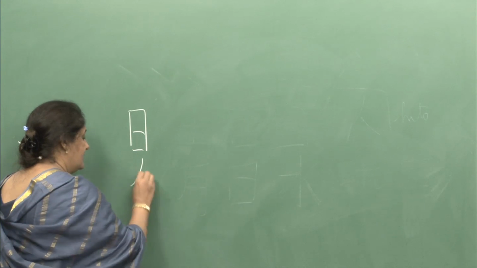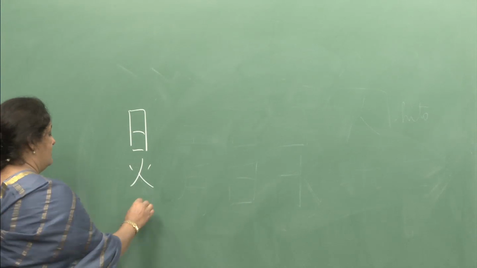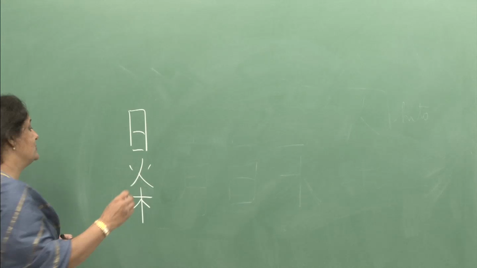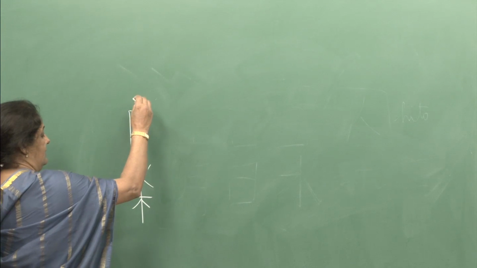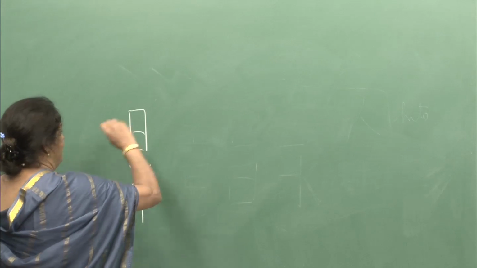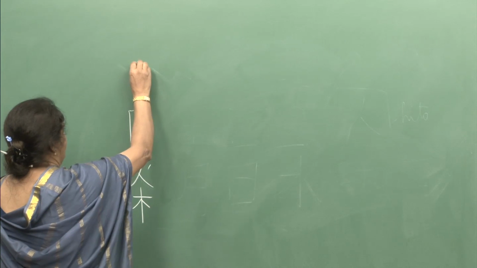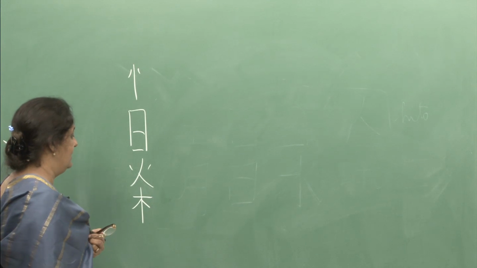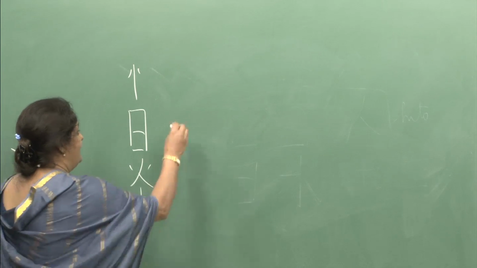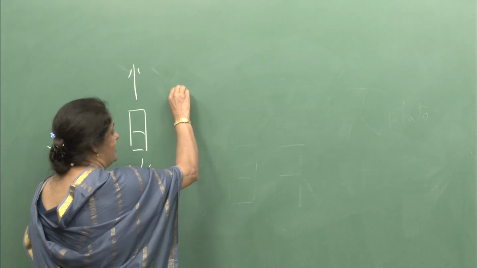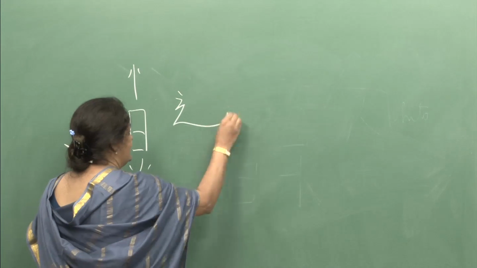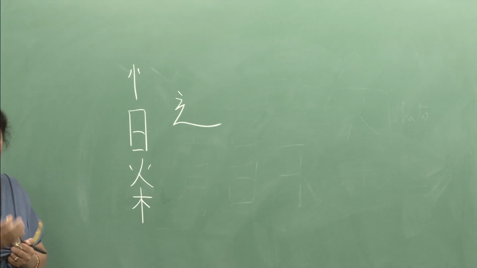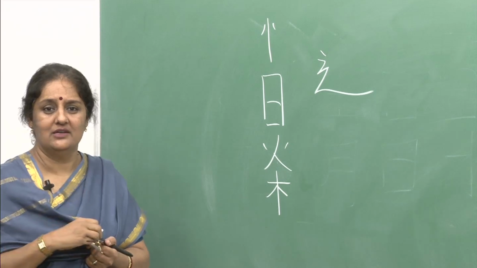We have done hi, we have done ki, we have also done this small character. We have done this character in one of our kanji. So, when you look at these characters, what does it mean? What does it show?